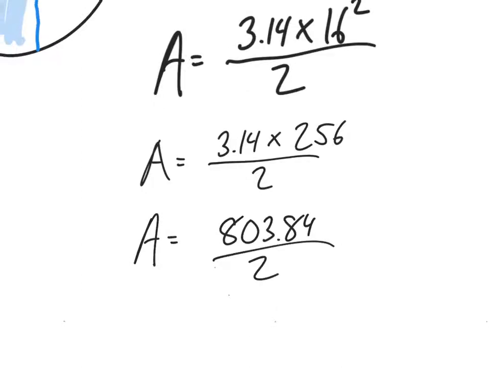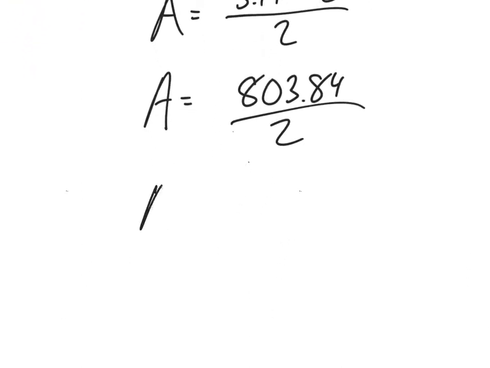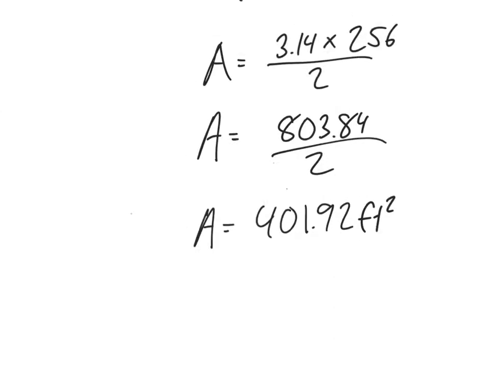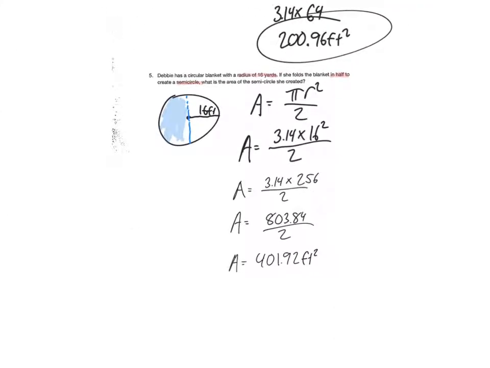And I divided by 2 on the bottom. And finally, I divide by 2. So when I divide those two numbers, the 803.84 by 2, I get 401.92. And I forgot our units, feet. So we're doing feet squared. So again, that is that blue area, or half of that circle, or a semicircle.